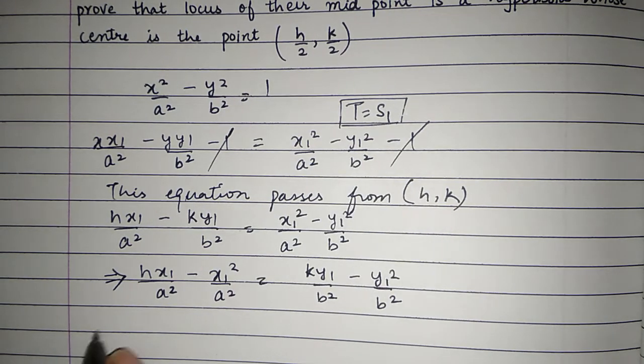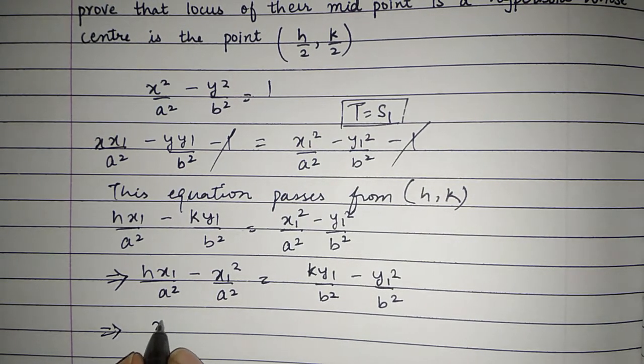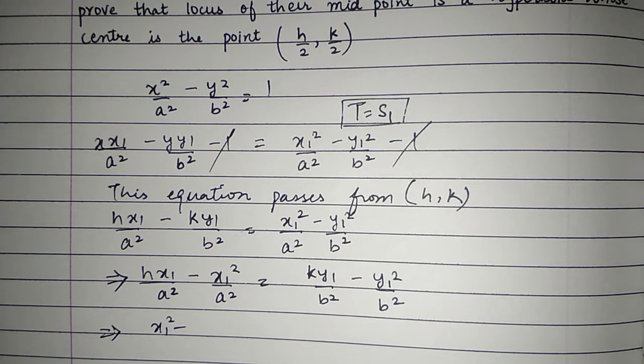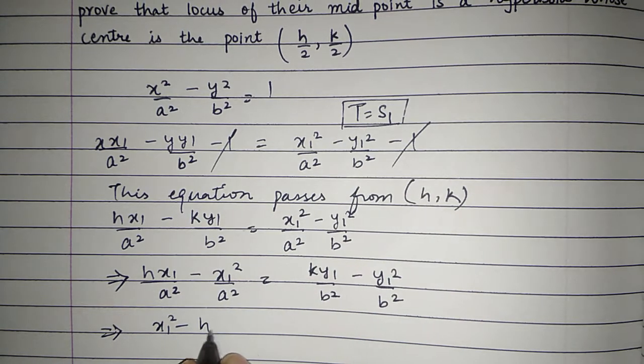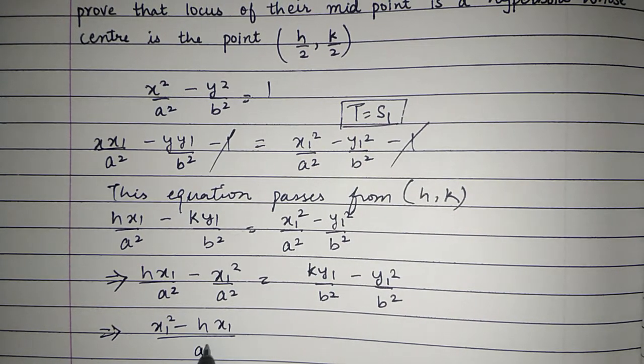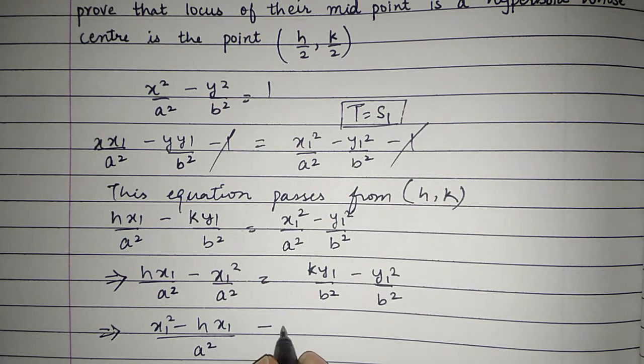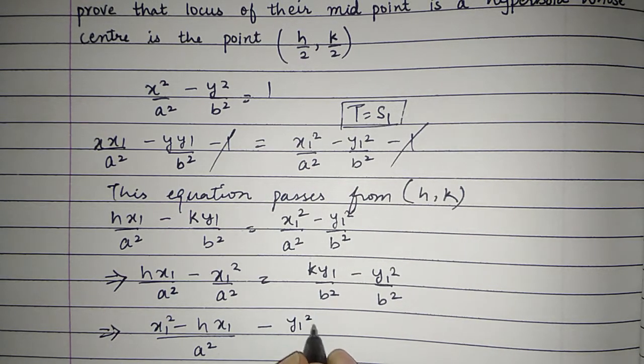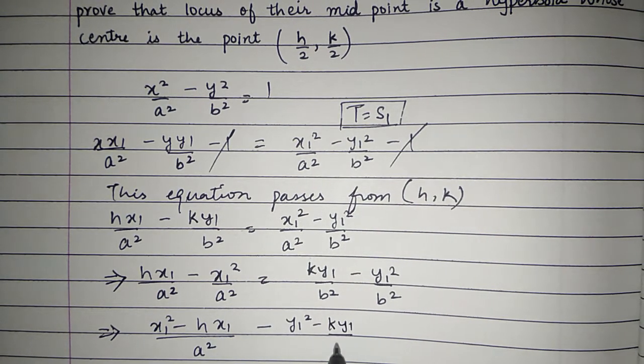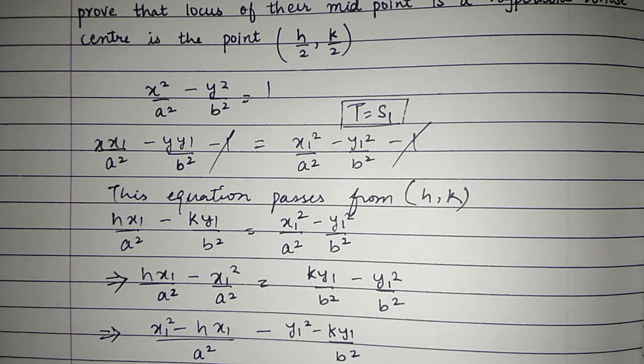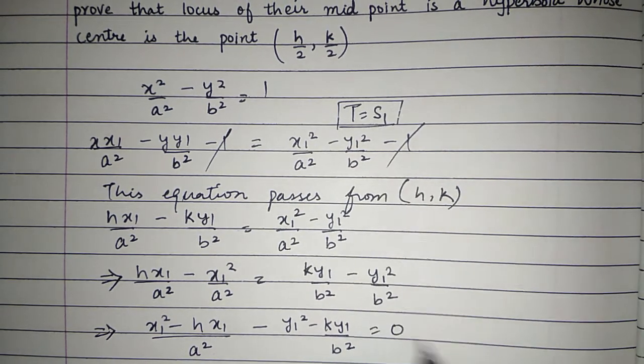Now this equation can be written as, by taking minus common, (x1 square minus h x1) over a square plus (y1 square minus k y1) over b square equals 0.